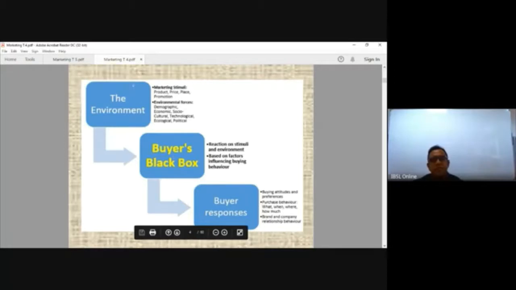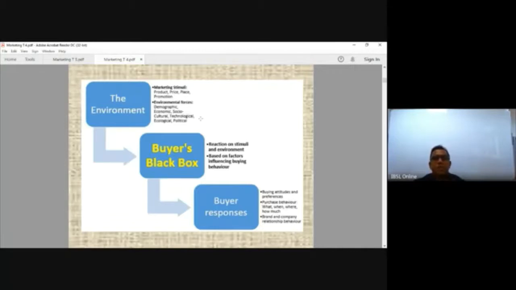The environment is so there are products in the market. There are various environmental forces influencing the environment: demographic factors, and we have discussed PESTLE factors, socio-cultural, technological, ecological.